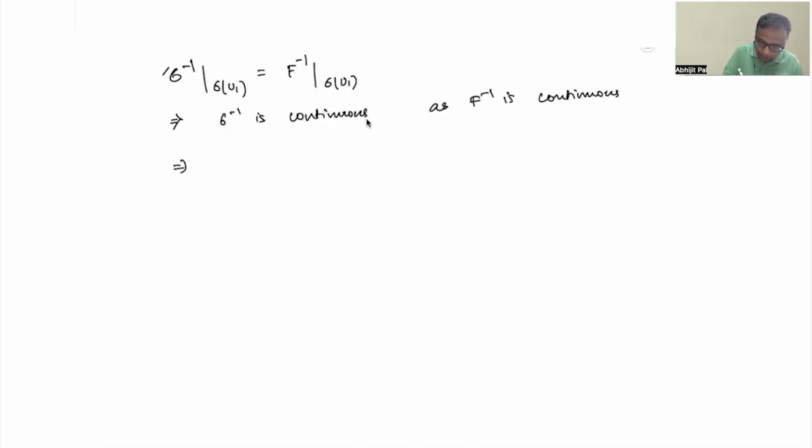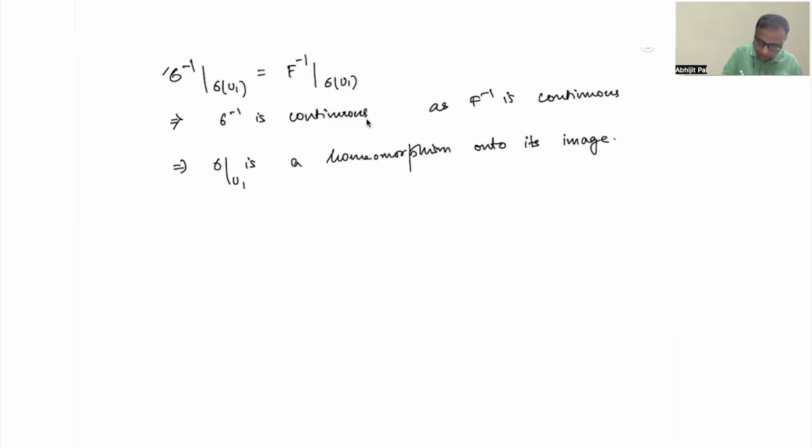So this implies sigma restricted to U1 is a homeomorphism onto its image. That thing we have shown.